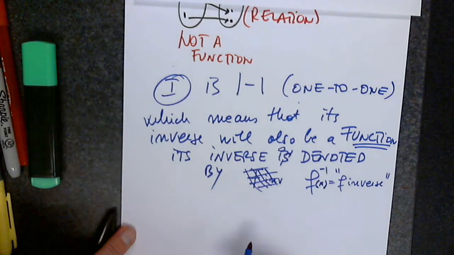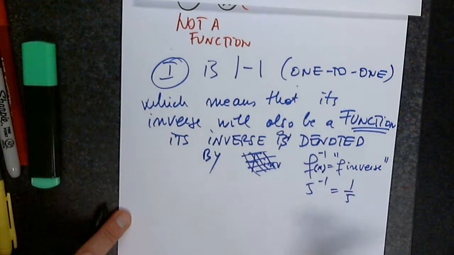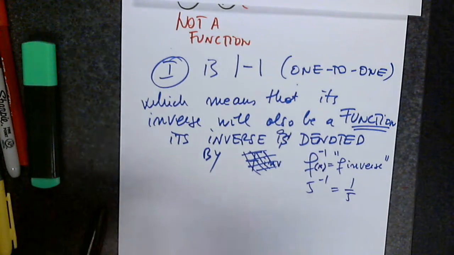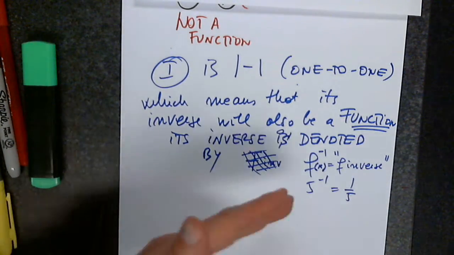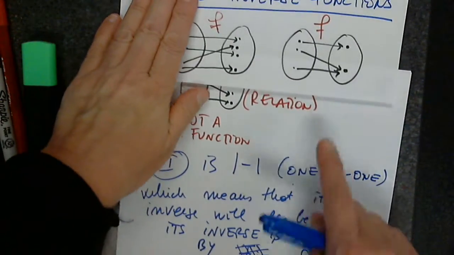But we don't read it like that. It's not 1/f. We know that 5 to -1 is 1/5. This is not that. We do not apply such a property to f inverse. This just means the inverse function of function f. Coming back to the second example.